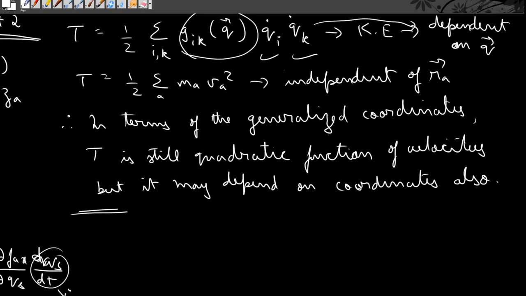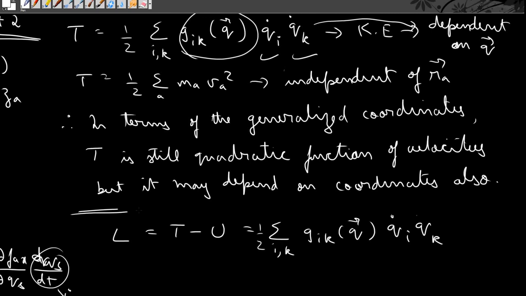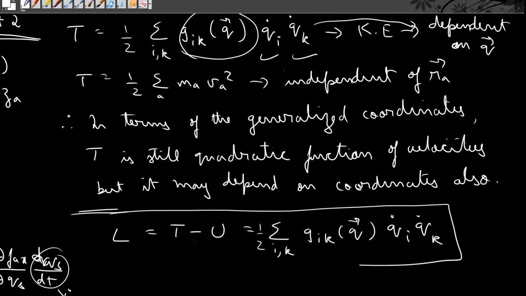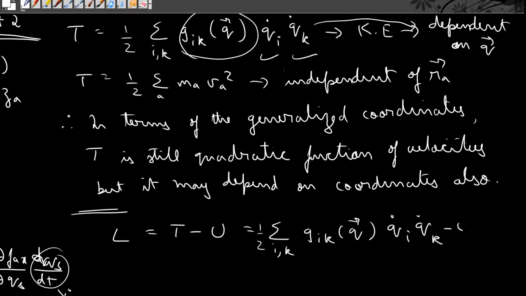Okay, so finally we will have the Lagrangian, which is T minus U, to be of the form half summation over i,k of g_ik(q) times qi dot qk dot, minus U(q).